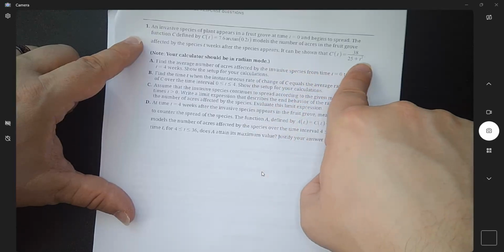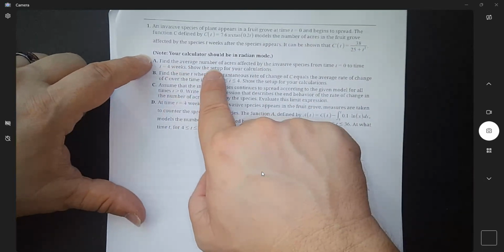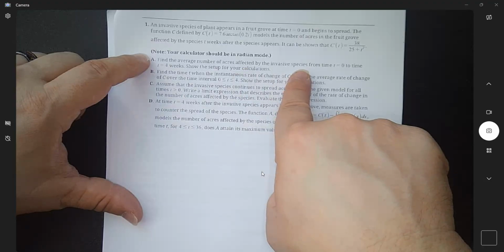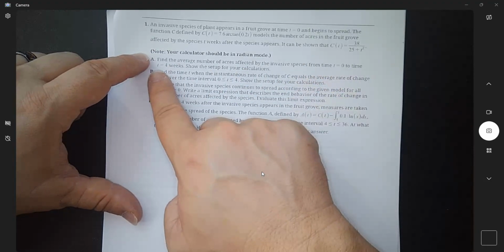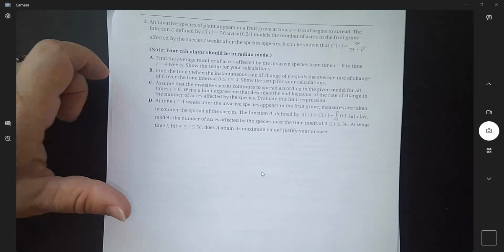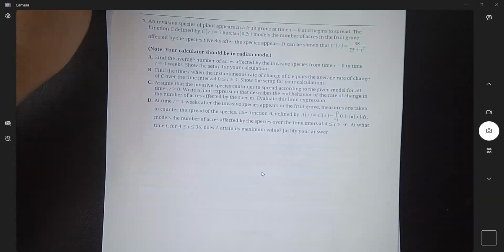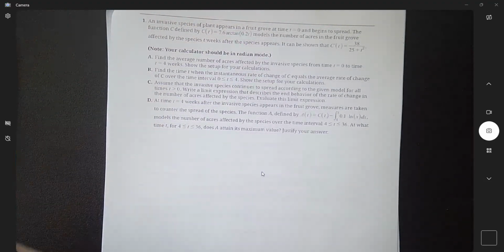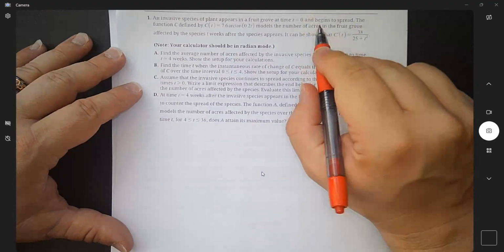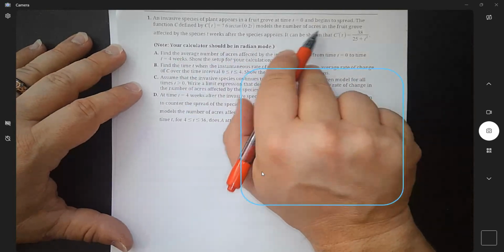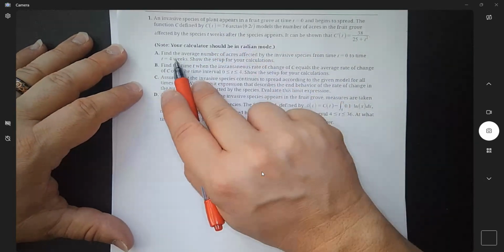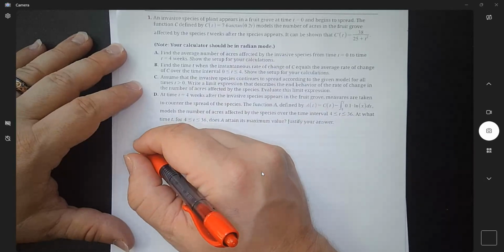It can be shown that that is the derivative. Find the average number of acres affected by the invasive species from time 0 to time t equals 4 weeks. Show the setup for calculations. So I think that to find an average number, and it says that this is the number of acres, that's C, so I want the average from 0 to 4, then you take the integral over the interval.